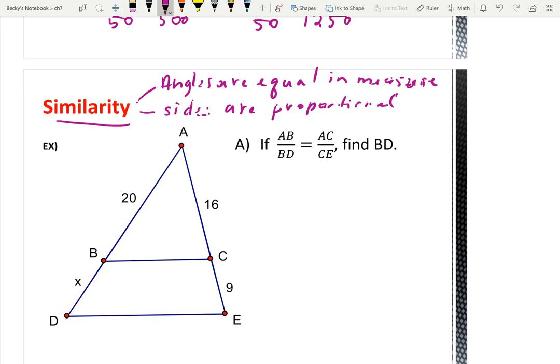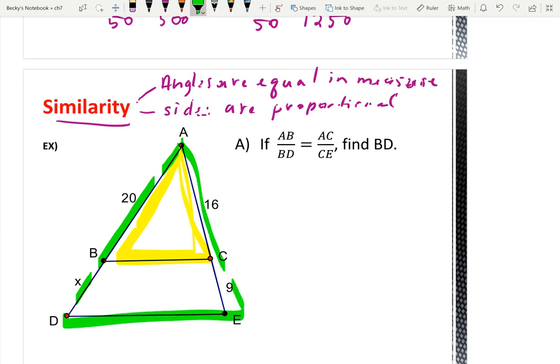Okay, so if you look at this picture, there's really two triangles here. There's this tinier triangle, and then we have this bigger triangle out here. And technically, they're similar, okay? So that means all the angles are the same, but the sides are proportional.